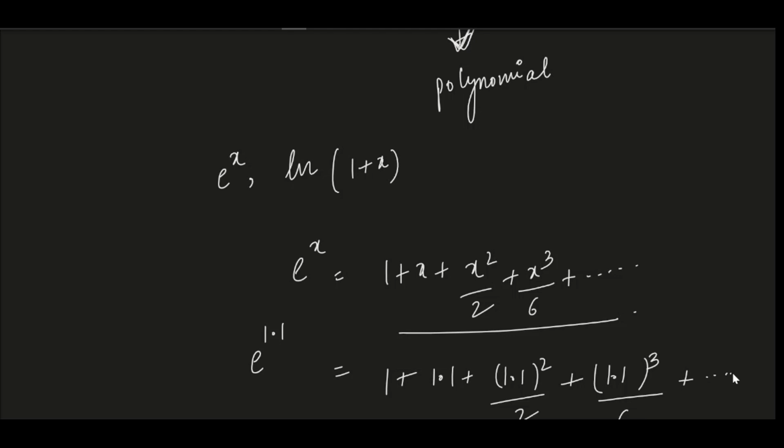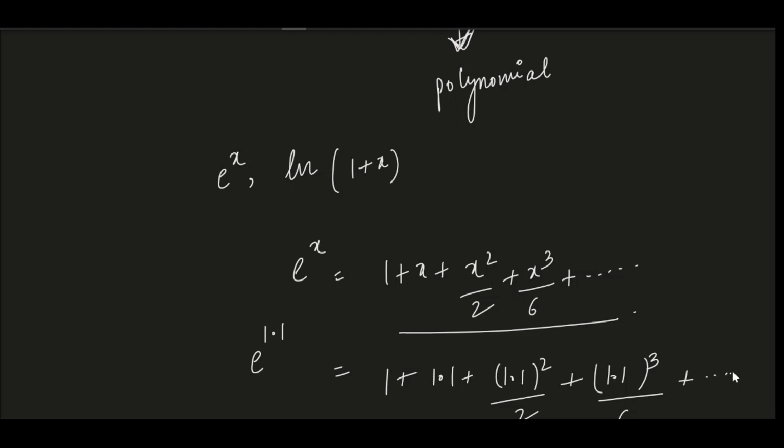So the major aim of the questions asked in IB related to the Maclaurin series is that we approximate difficult values by converting a complicated function into a polynomial.